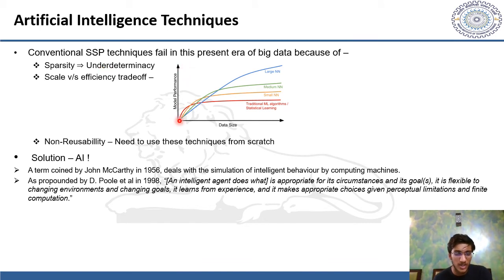Next, as we have already noted previously, these statistical learning algorithms, which have been traditionally used over the period of years until now, until the data set size reaches a particular value, which is moderately small, essentially build a model which continues to increase in efficiency and performance.